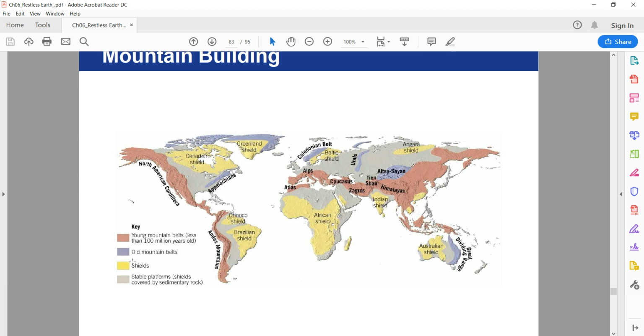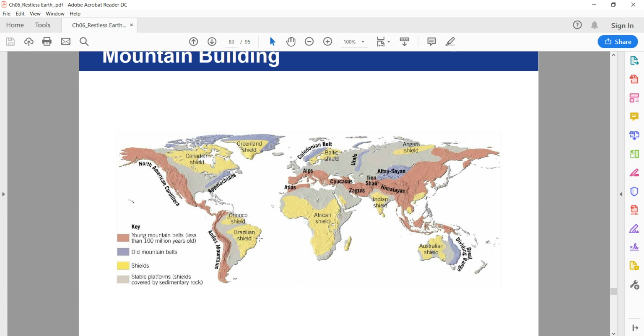The older ones are the Appalachian mountains or the Ural mountains, and some in the Baltic region or in the Greenland region. These are much older mountains that came into existence much earlier than the younger mountains. This chapter is dedicated to the formation of these younger mountains.